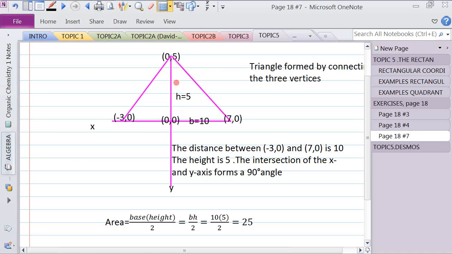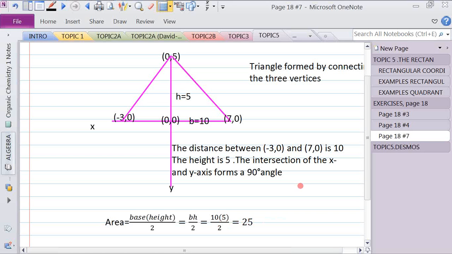So the distance from here to here is 5 because the x doesn't change, only the y changes, and it changes from 5 to 0, so the height must be 5. So now I put base times height divided by 2 equals BH over 2. We said the B is 10. The height is 5. 10 times 5 is 50. 50 over 2 is 25.